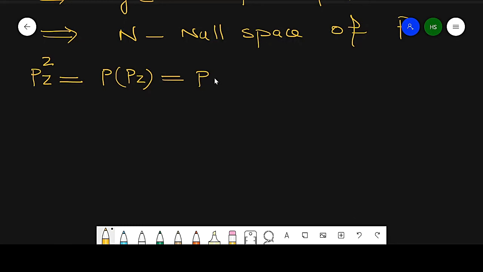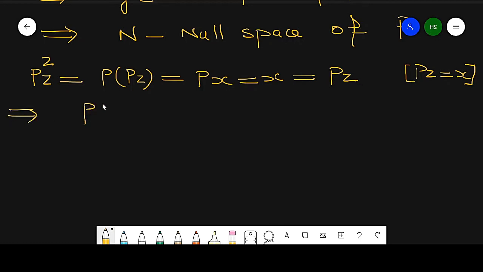It is P of X, because P of Z equal to X. Remember this. P of X is again equal to X, which is equal to P of Z. So we get P square equal to P. Right? So it is very easy to prove that it is idempotent.